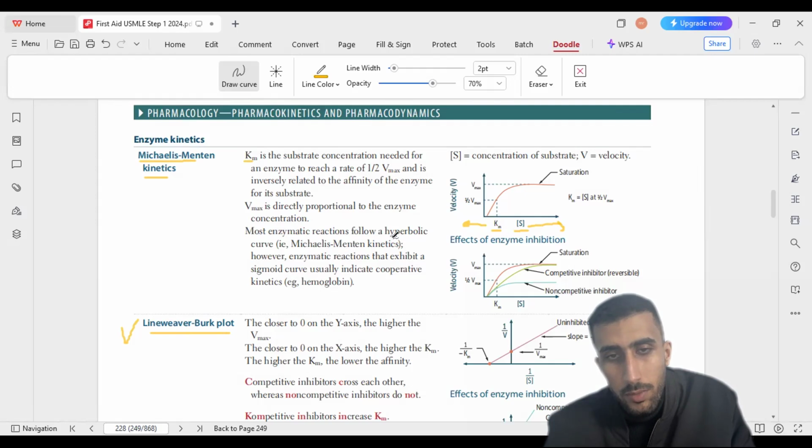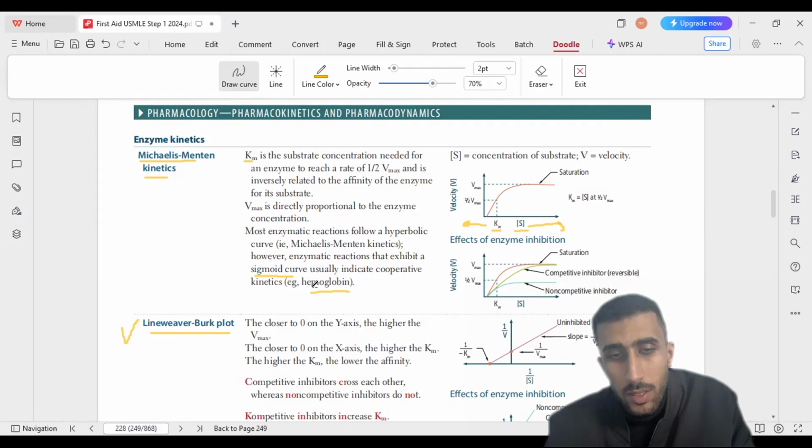Most enzymatic reactions follow a hyperbolic curve, which is Michaelis-Menten kinetics. But you have to watch for some enzymatic reactions that exhibit a sigmoid curve. A very famous example is hemoglobin. Hemoglobin exhibits a sigmoid curve, which has different kinds of relationship at different conditions.